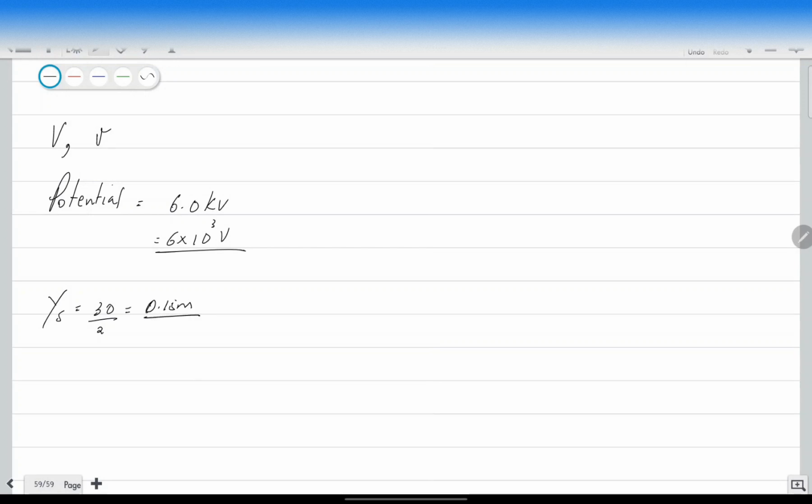I'm converting, and the screen in the x direction will be equal to 34 into 10 to the power minus 2 to give you 0.34 meters.